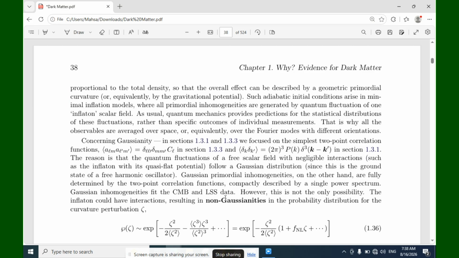Gaussian primordial inhomogeneities, on the other hand, are fully determined by the two-point correlation functions, compactly described by a single power spectrum.